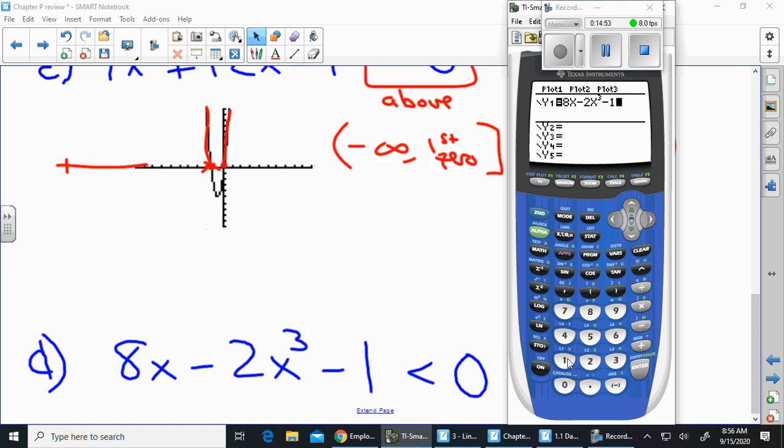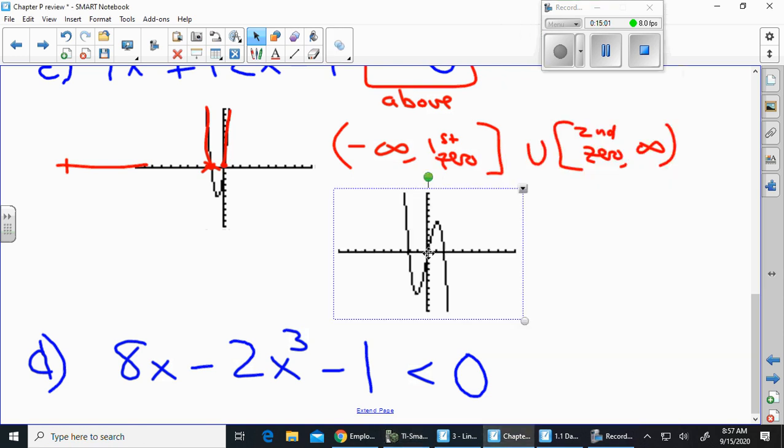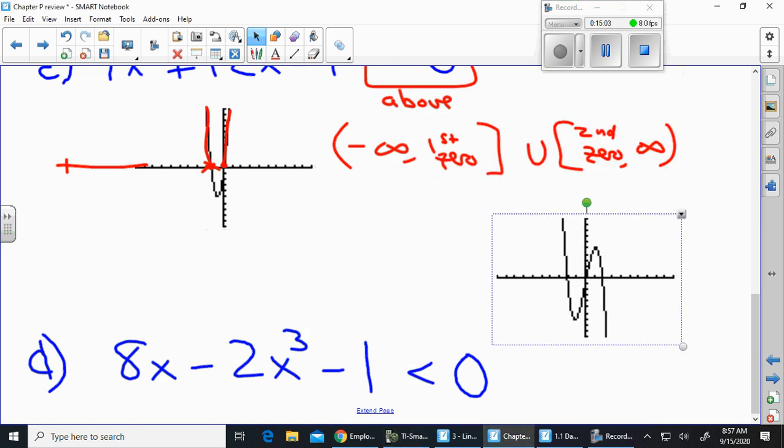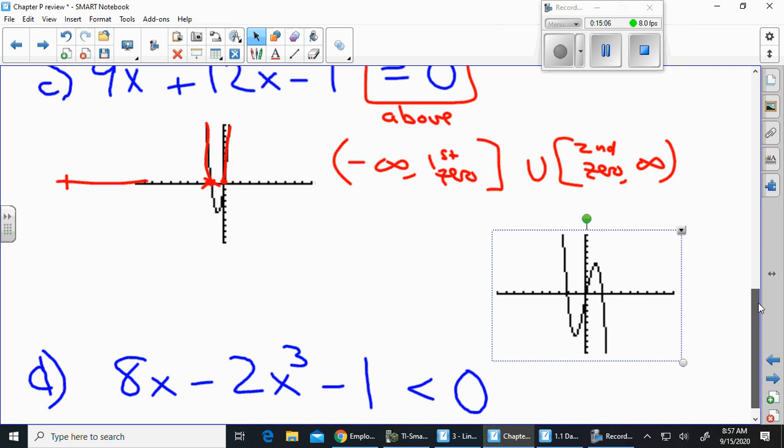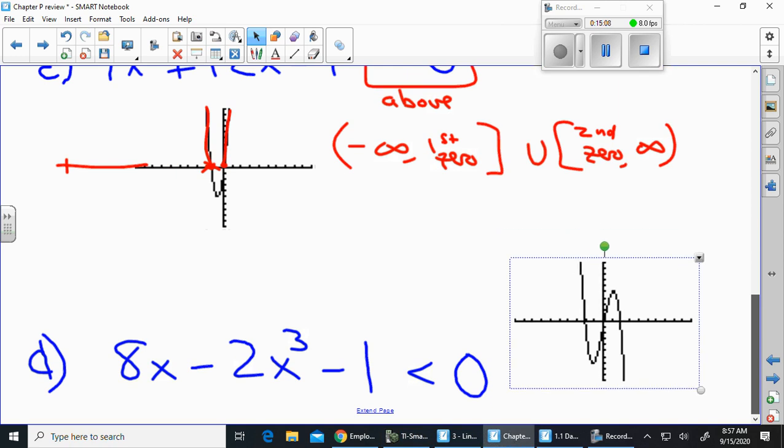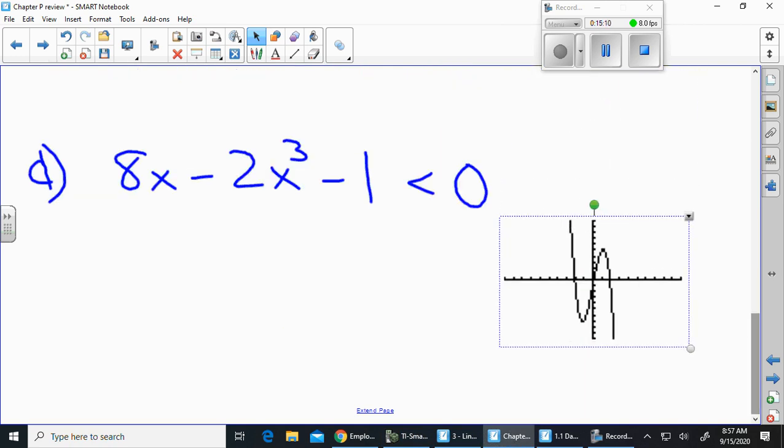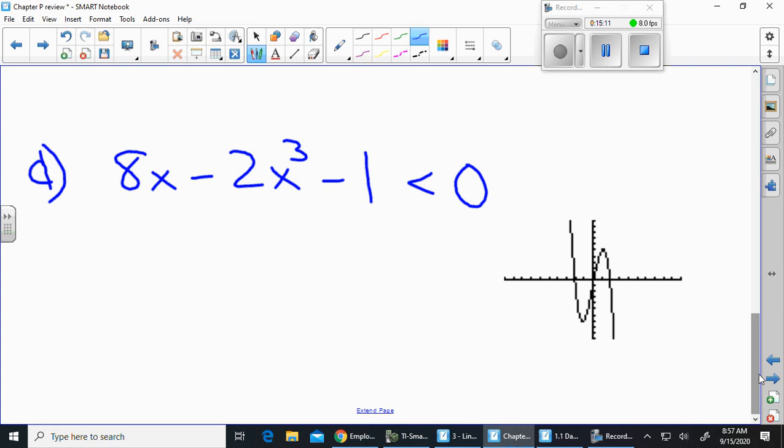If I graph that, it's a cubic. So if I look at this picture and just trying to get my answer, less than 0, below the x-axis.